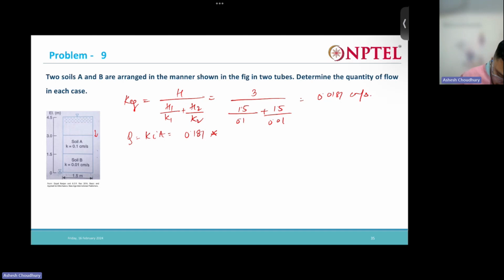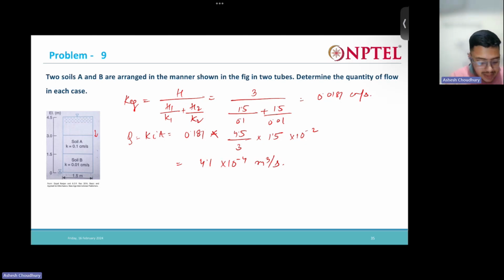Yes, total is 4.5, right? 4.5 by 3, that is 1.5. Then 1.5 into the area, and this we do, we will get the flow in meter cube per second. This is the simple, normal way, directly using the K equivalent.